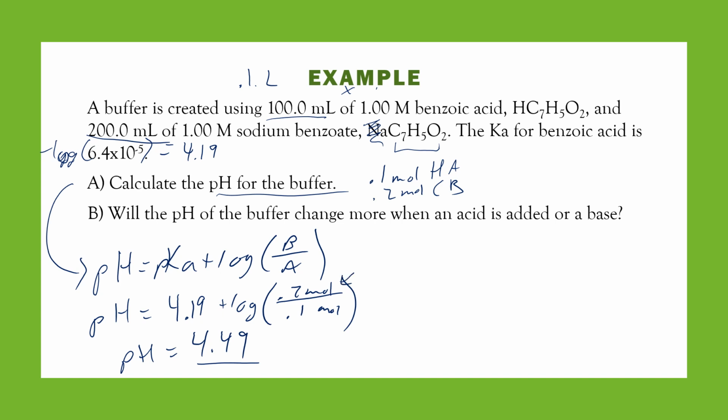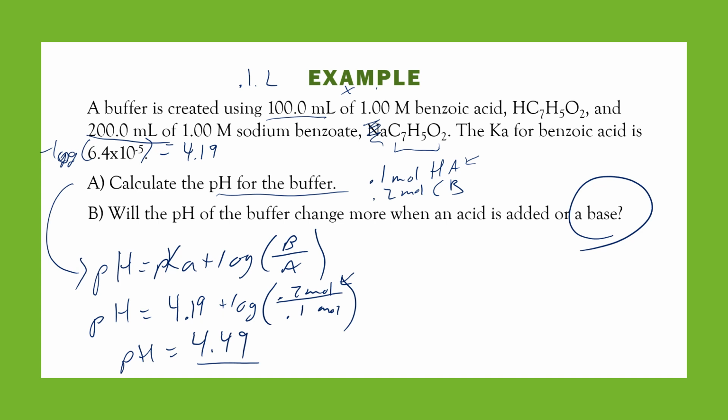Now it says, will the pH of the buffer change more when an acid or a base is added? Will the pH change more? Well, the pH will change more when a base is added, because there's less of the acid present in moles in the buffer solution.